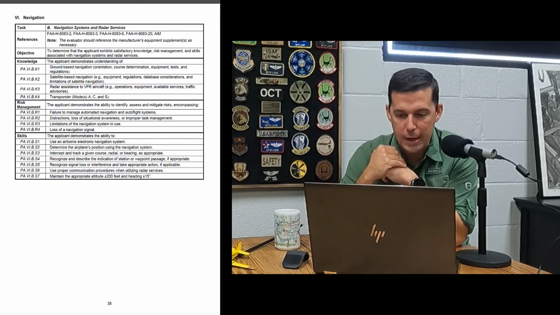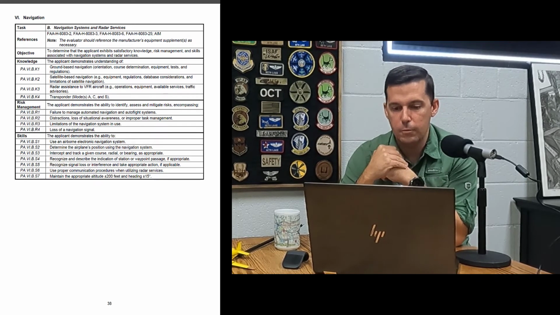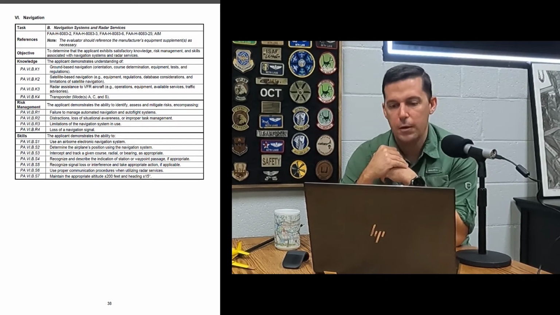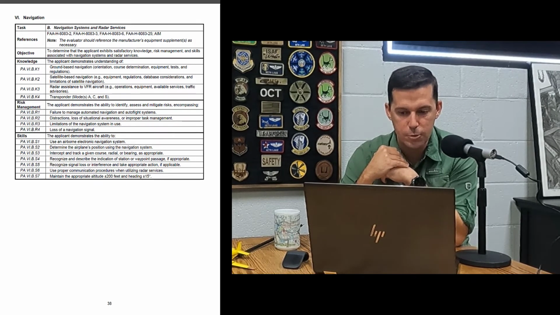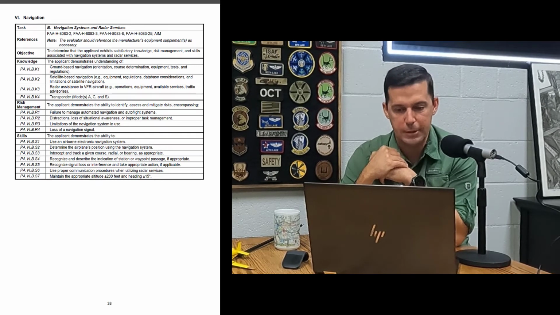We're going to intercept and track a radial or bearing as appropriate, recognize and describe waypoint passage if appropriate, recognize signal loss or interference if applicable, use communication procedures when utilizing radar services, and then maintain an appropriate altitude, plus or minus 200 feet and plus or minus 15 degrees.